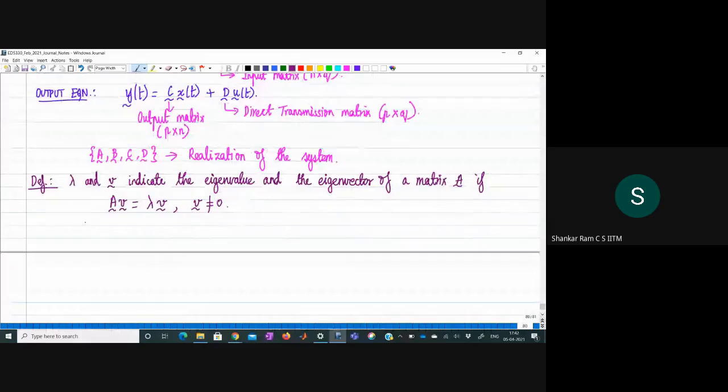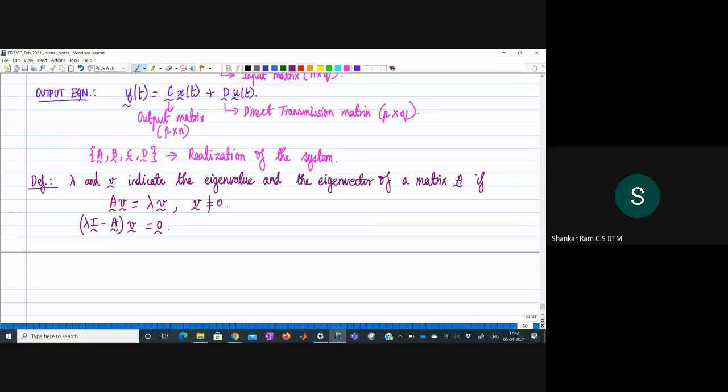So from this definition, we can immediately see that we will have (lambda I minus A) V equal to 0, right? So we just take things to the other side, right, and take V common, right? So once again we introduce the identity matrix, because I can't write lambda minus A, right? Lambda is a scalar, A is a matrix, right?